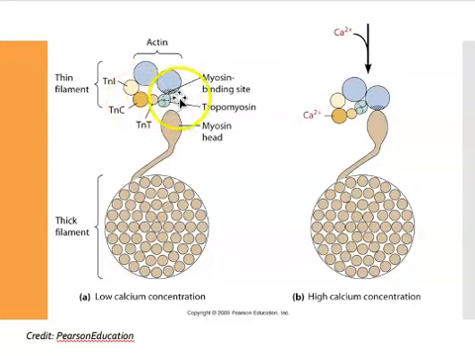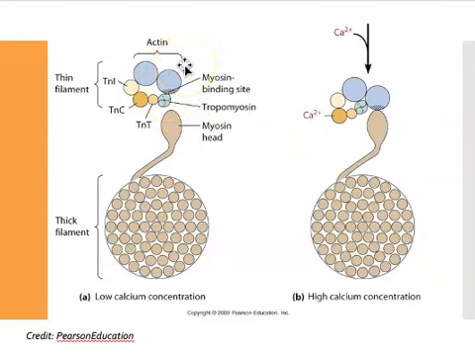Now, the last thing to notice is there's this little black cross-hatching right here on this region of the thin filament. This is the spot where myosin heads can bind. And normally, tropomyosin is in the way. Remember, we said the binding site was near the groove between the two strands of actin, and the tropomyosin just blocks it normally.